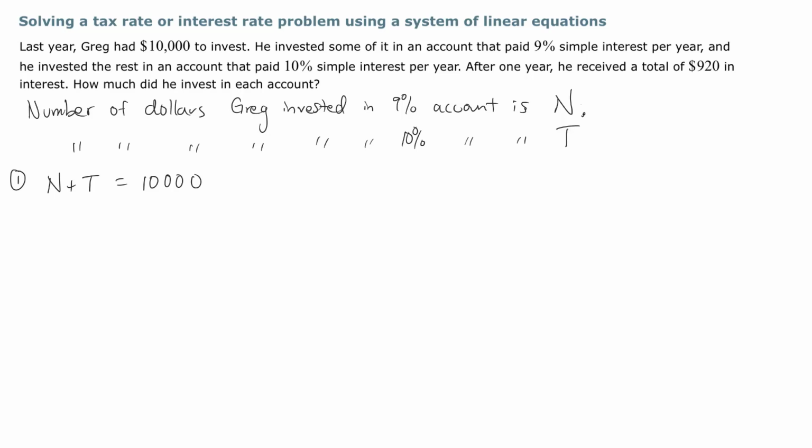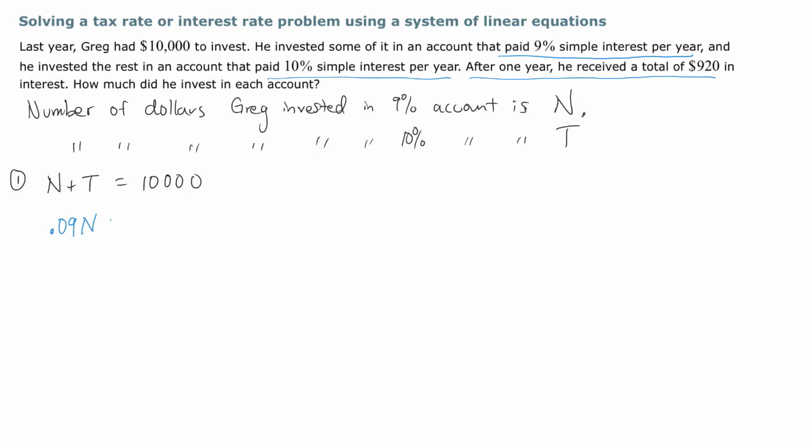And looking at this, we need another one here. We need an equation that will calculate interest, right? So if we're looking at interest here, if you're going to earn 9% of a dollar, so imagine if you had $1 or $2 or n number of dollars invested in the 9% account, well, you just take 9% of the number of dollars you invested, you're going to get that interest.